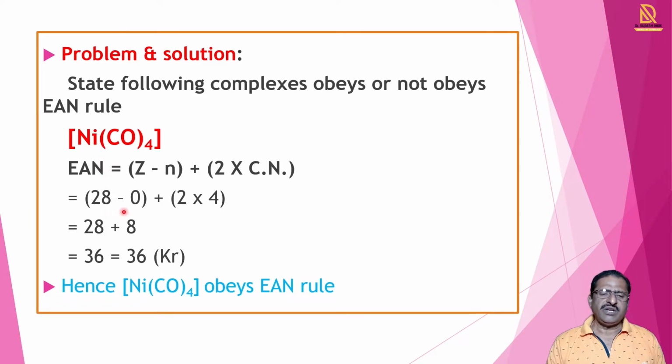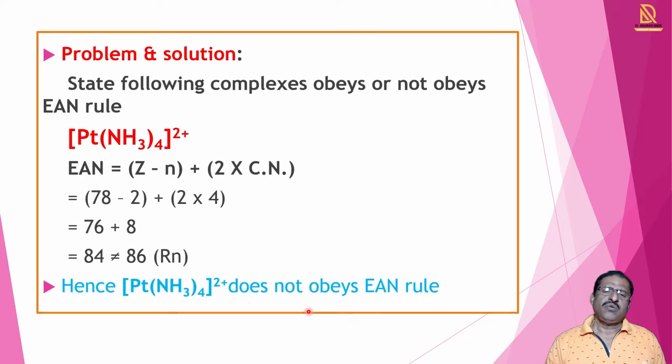So we write 28 minus 0. Then the coordination number is 4, so 2 into 4 is 8. So 28 plus 8 is 36. This 36 is equivalent to the electronic configuration of krypton. So we say that this Ni(CO)4 obeys the EAN rule, meaning according to Sidgwick, this is a stable compound and it obeys the effective atomic number rule.